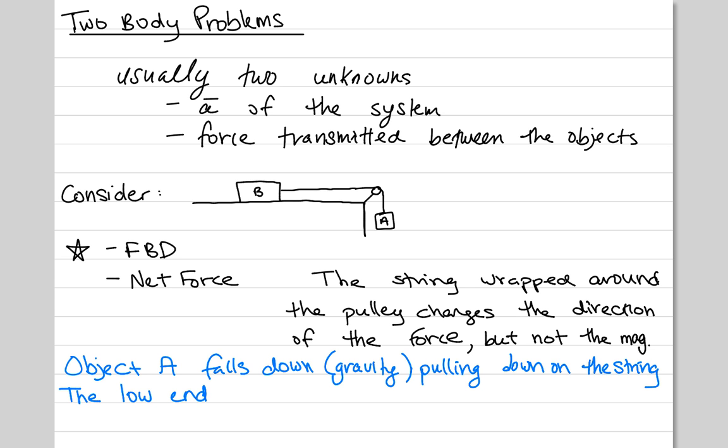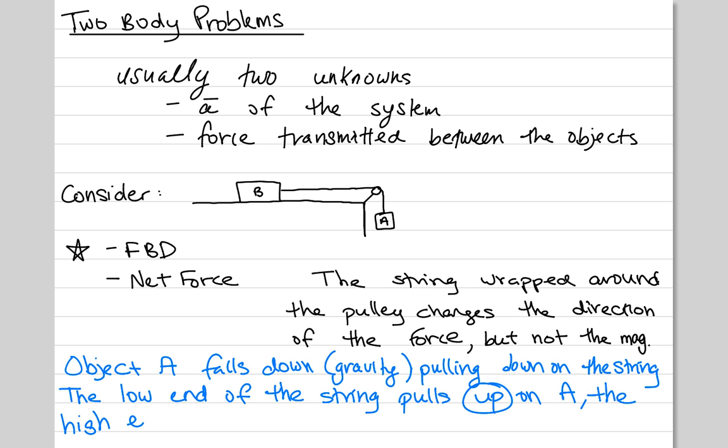The low end of the string pulls up on A, the high end of the string pulls right on B, with equal magnitude.